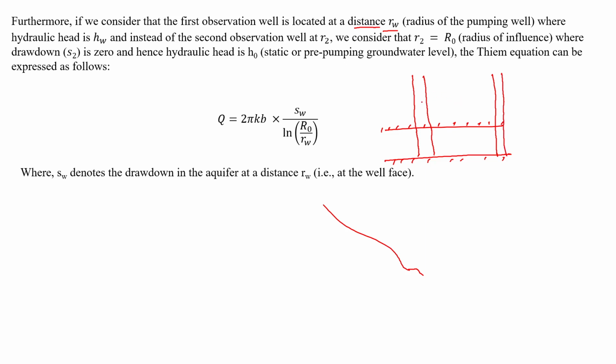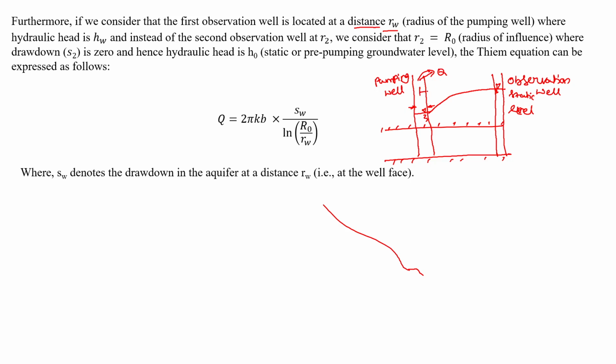This is the pumping well, and this is the observation well. Initially the water level is at this level, this is the static level, and we are taking water continuously from this.